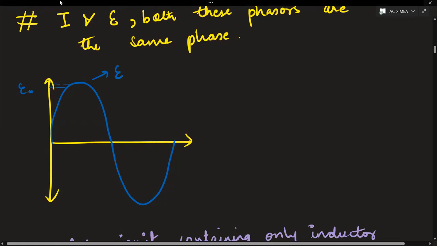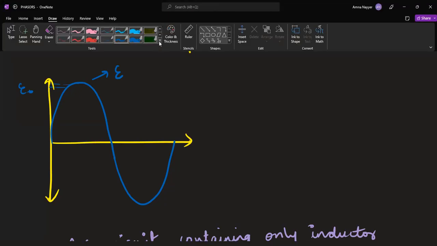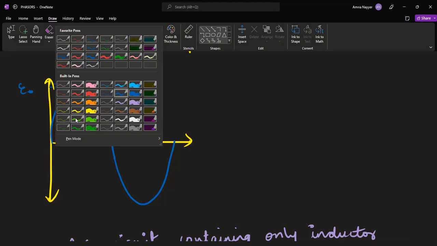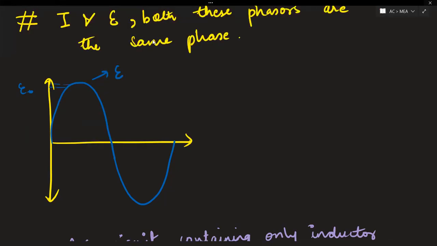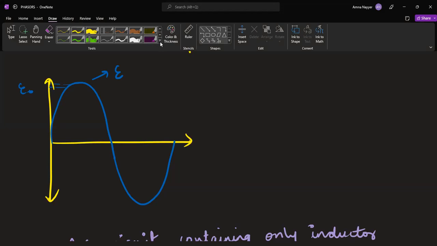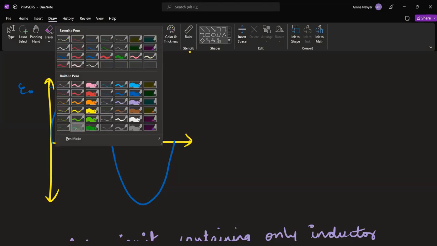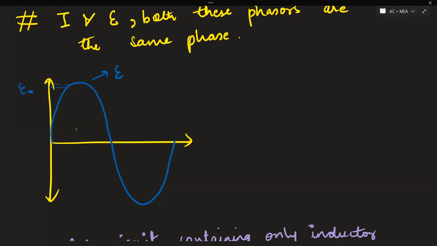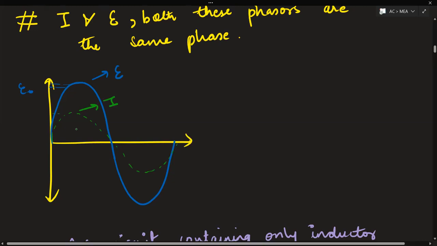Then you have the value of current. Current will also start from here. It can happen that the current's magnitude is lower than the value of EMF, but this is the current, and the maximum value that you get is I naught.